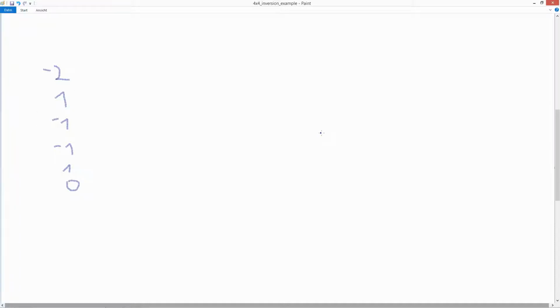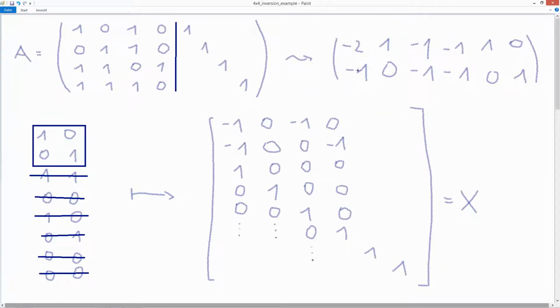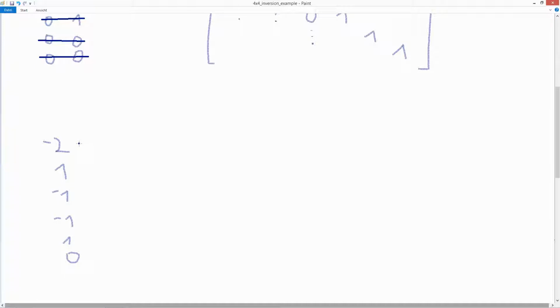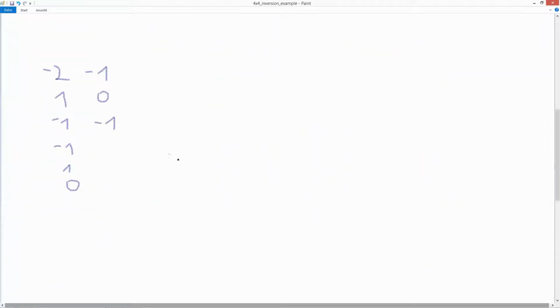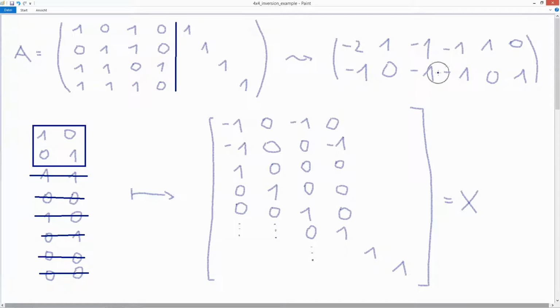So this here is the first row, and then we will write down the second row, which is -1, 0, -1, and -1, 0, 1. So this here is the second row.